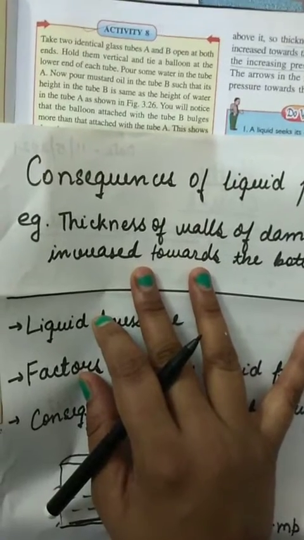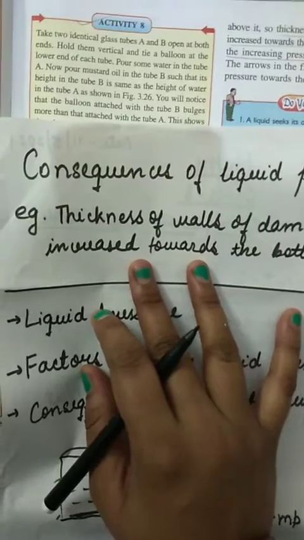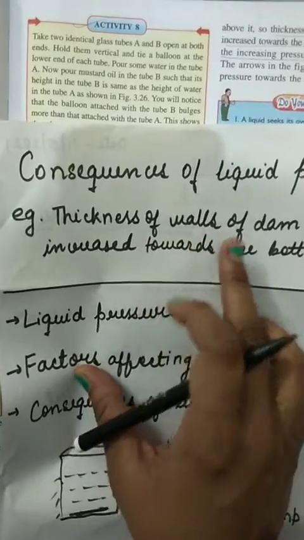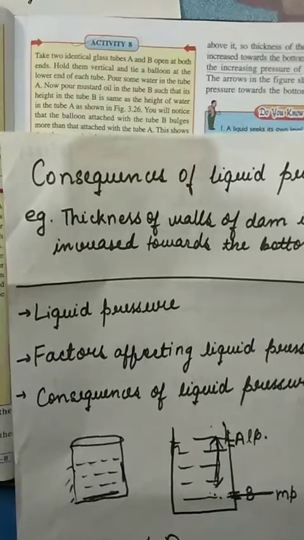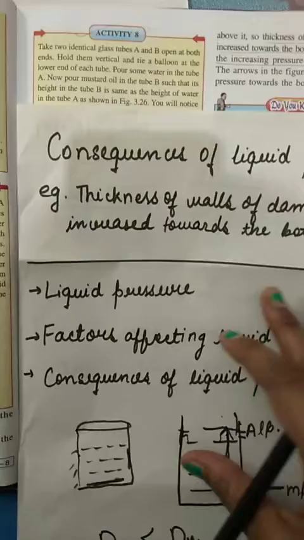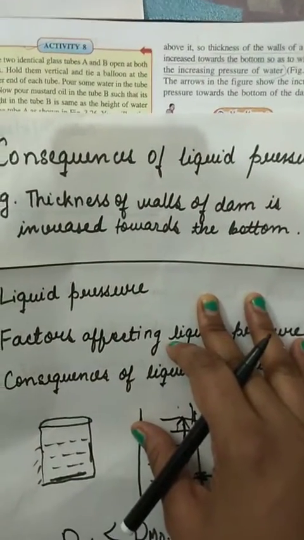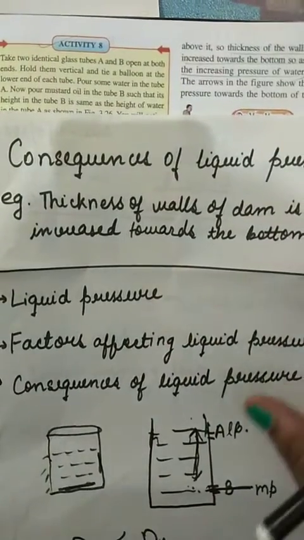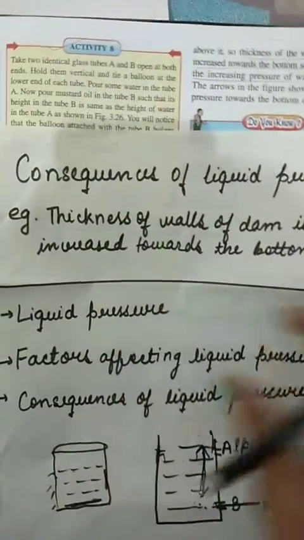The example for these consequences is the dams which are made in the river, and the thickness of the walls of the dams is made broader so that it can easily take the risk of the liquid pressure.